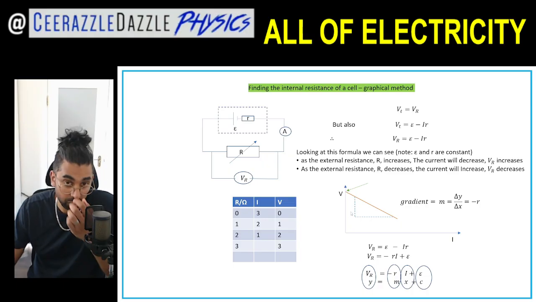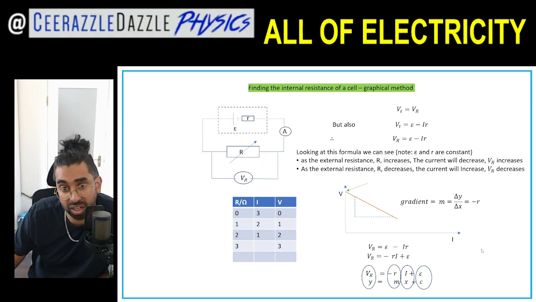So we end up with the following graph over here, a graph of voltage and current. If we take our formula, VR is equal to E minus Ir, I just spaced it out over here. I've shifted the minus Ir backwards and put the EMF in front, and then I've split them here, r and I. We can now link it to the equation of a straight line, y is equal to mx plus c.